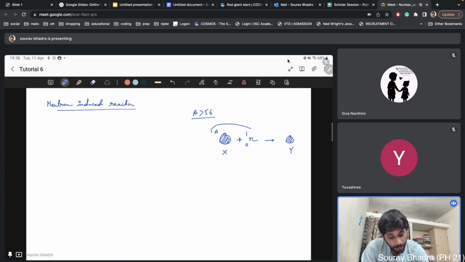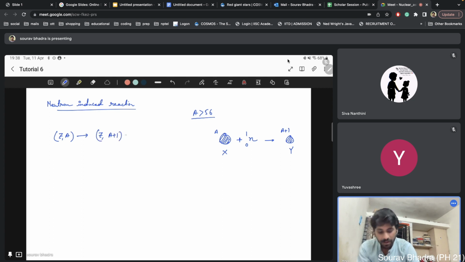The combined nucleus will have a mass number of A plus 1, right? So in this neutron induced reaction, if we start with the element Z, A, where Z is the proton number and A is the mass number, the proton number will not change, that will remain Z, but as 1 neutron has been added, the mass number will increase by 1.